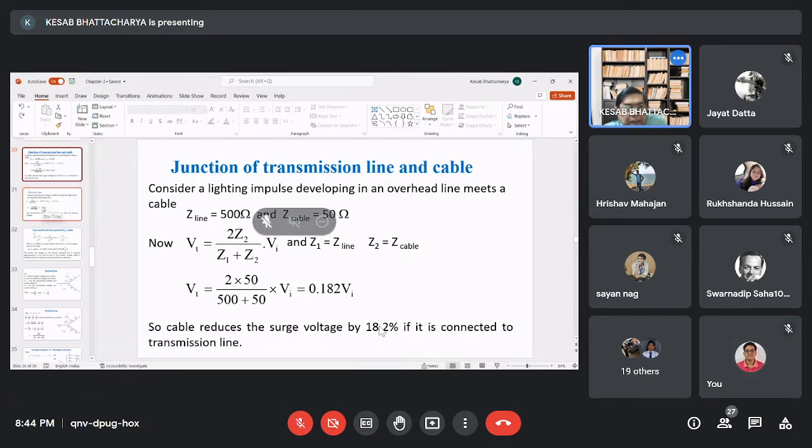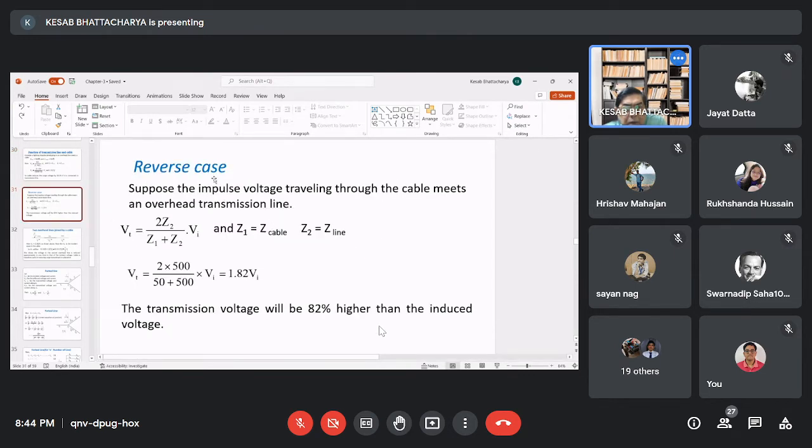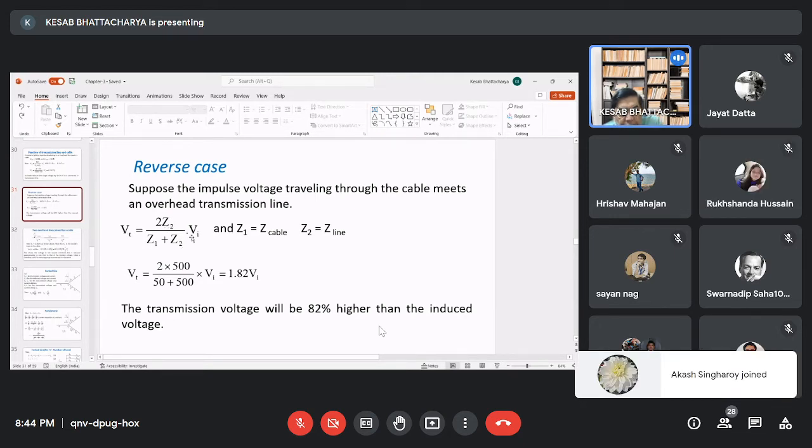Okay. Therefore, what will happen in the reverse case? Suppose the lightning impulse is actually initiated in the cable and it enters the transmission line. Then the same relationship will be valid. Vt will be equal to Z2 by (Z1 plus Z2) into Vi.